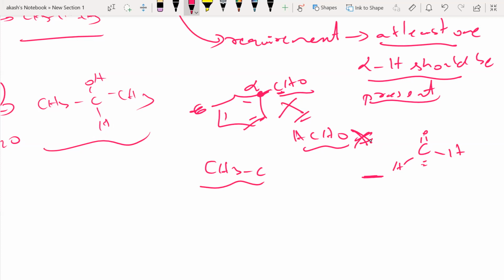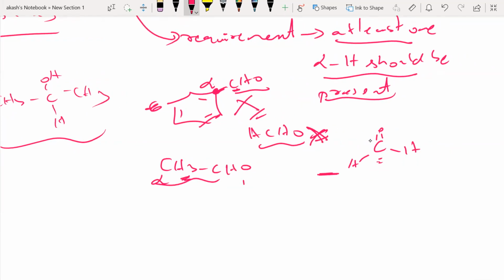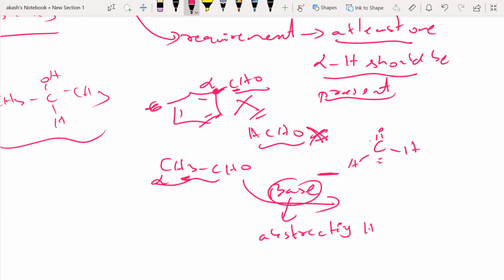Now we'll see what exactly happens in aldol condensation. For example, we have CH3CHO. This is your alpha carbon, and it has some hydrogens, so this can definitely give aldol condensation. The reagent required is a base. The role of the base is to abstract a proton, H plus, from the compound.